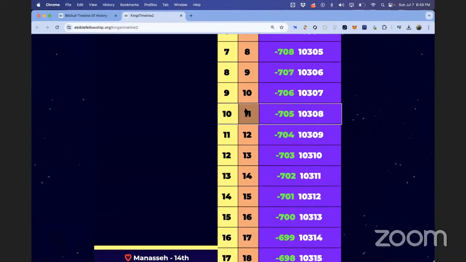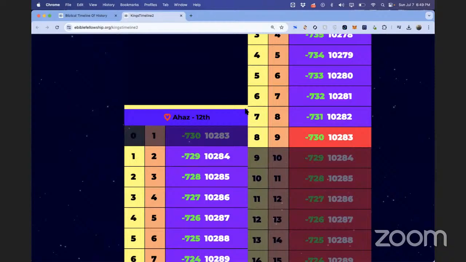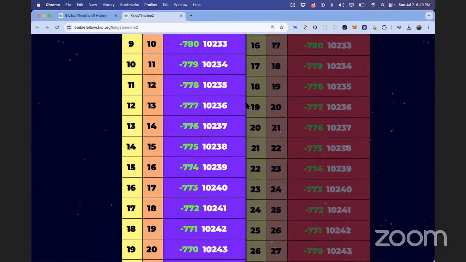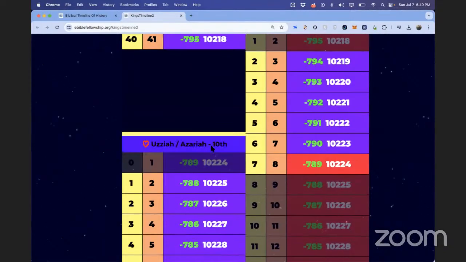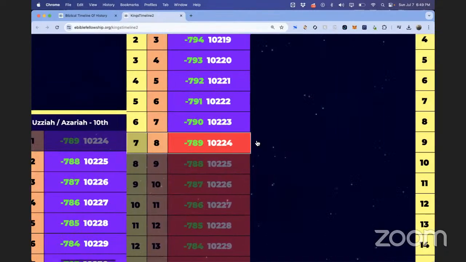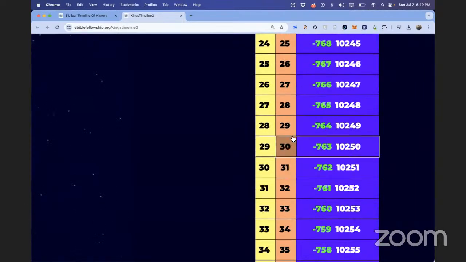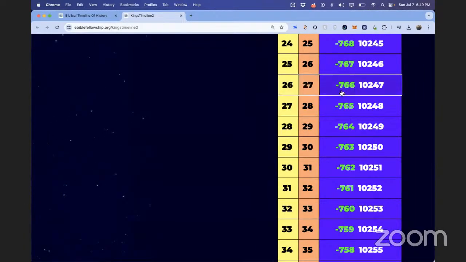I just wanted to show an example of this that we went over before with Uzziah, just to refresh people's minds. When we read about Uzziah, it says that it was in the 27th year of Jeroboam. Well, when we go to Jeroboam's 27th year, which would be his non-accession, it's in orange, which is 766 BC.